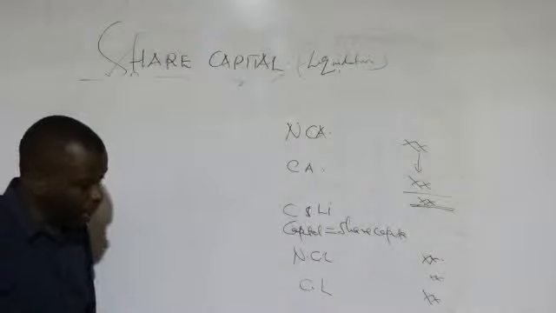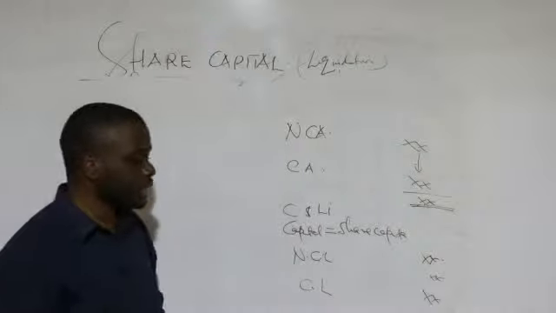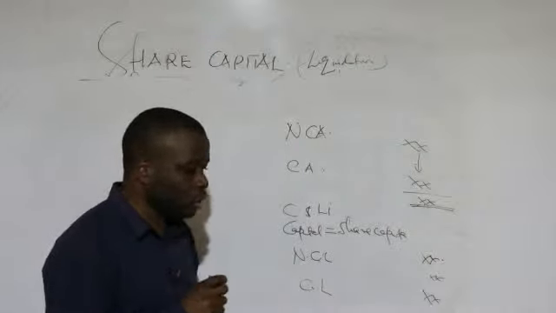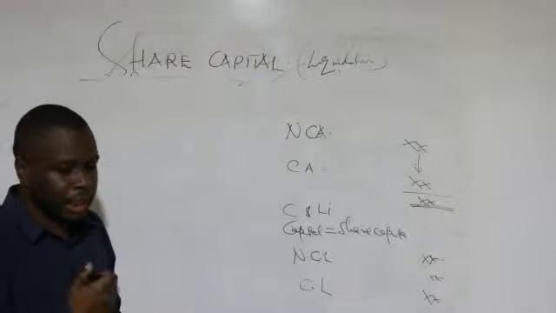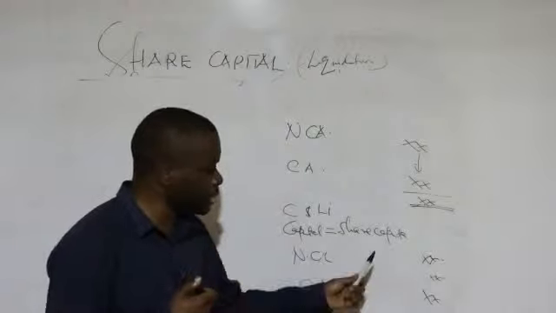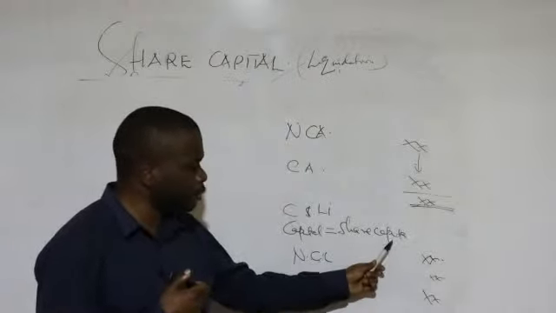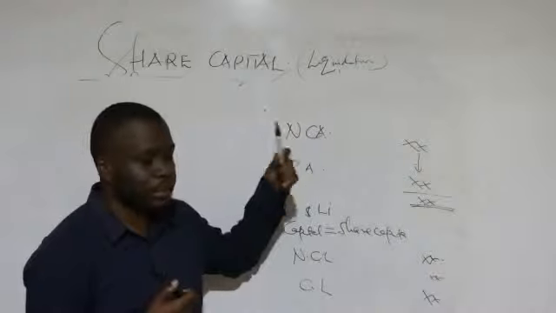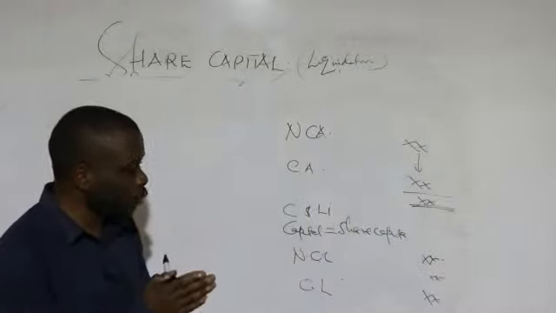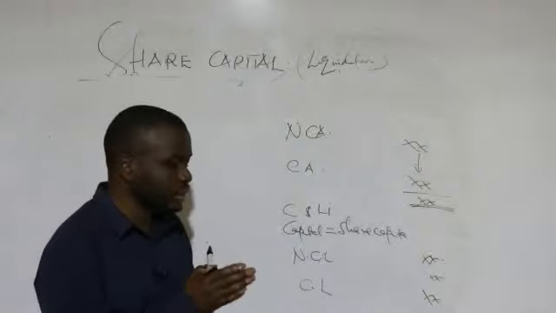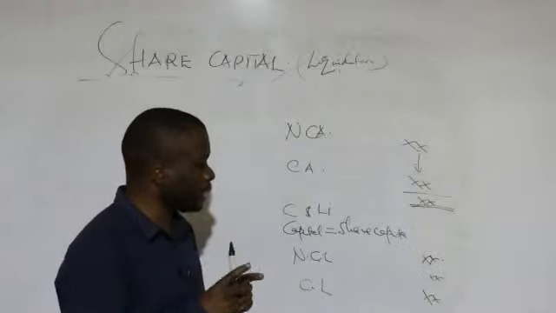So there is a procedure that has to be followed, because this reduction of share capital goes against the requirement of maintaining share capital. If you reduce your share capital, you are not maintaining it for the benefit of the creditors if the company is liquidated. So there has to be a valid way through which the company reduces its share capital.